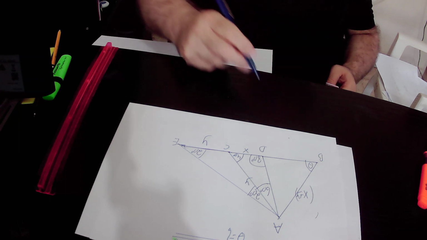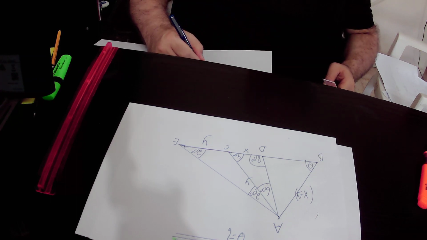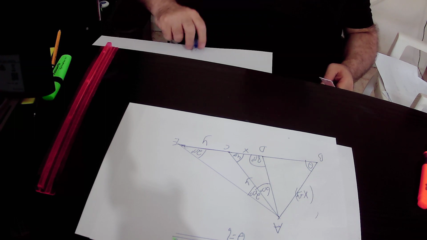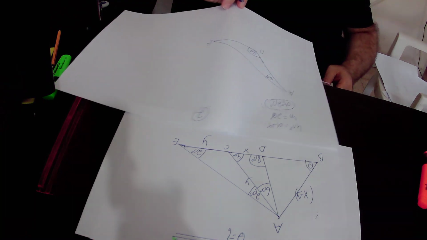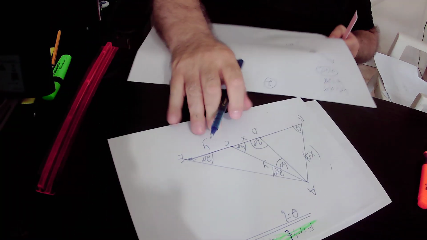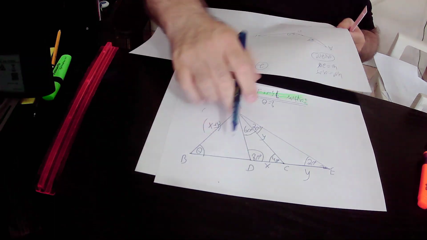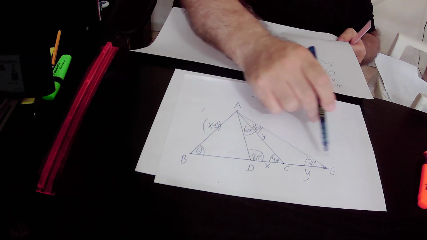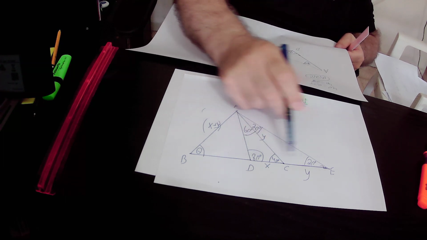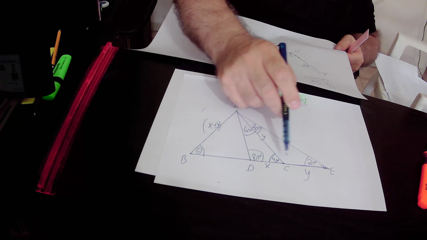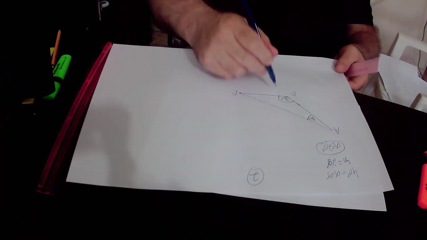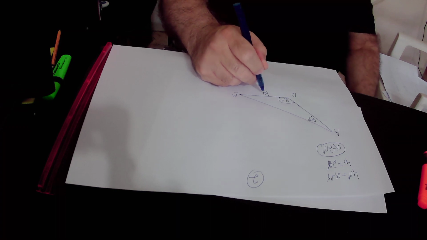This angle equals 80 degrees. What is the value of line segment DE? It is very easy to see from the drawing that DE equals DC plus CE. That is to say, DE equals DC, that is X, plus CE, that is Y. In conclusion, DE equals X plus Y.